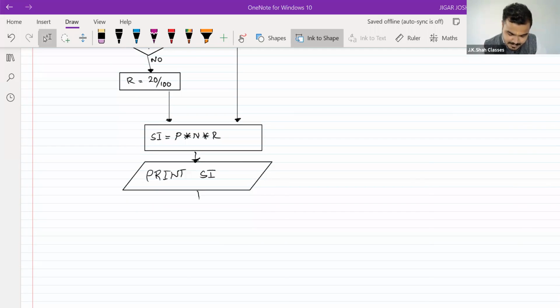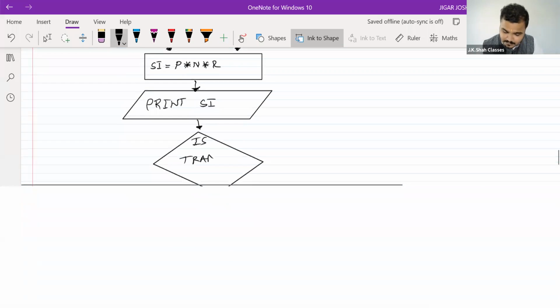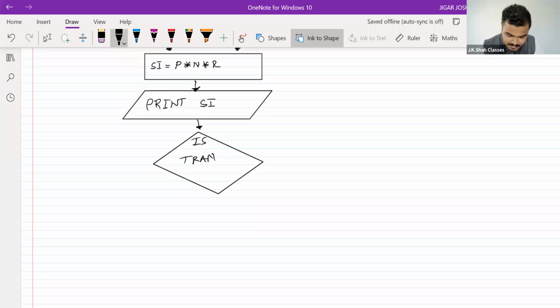Final question, all my dear students, please tell me: is transaction last? Question mark. If it is yes, then the process must get stopped.